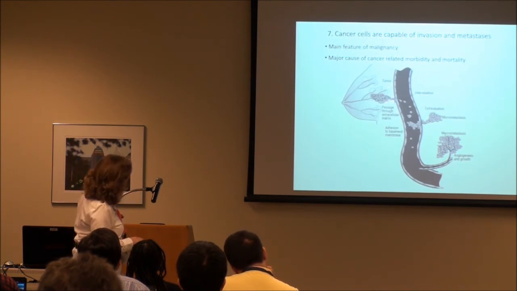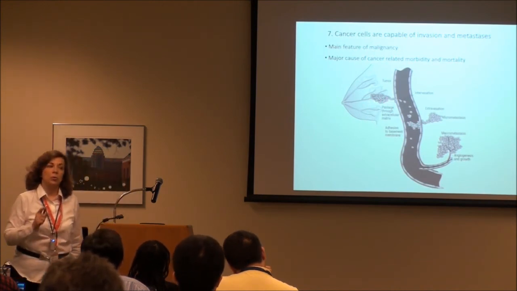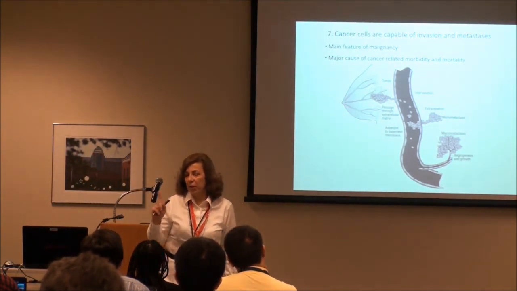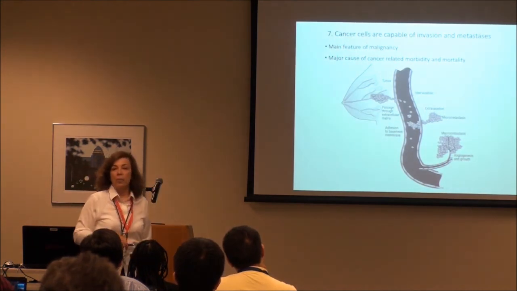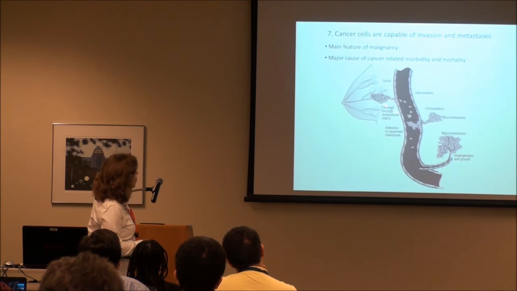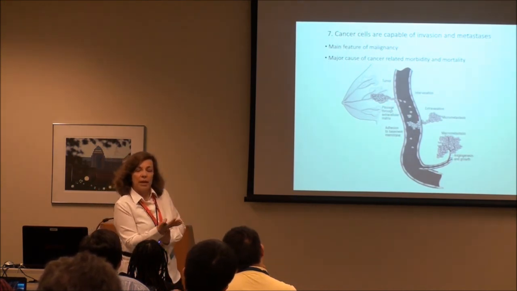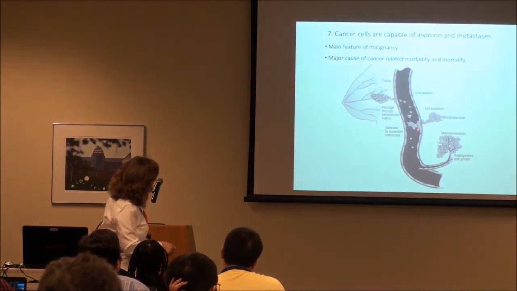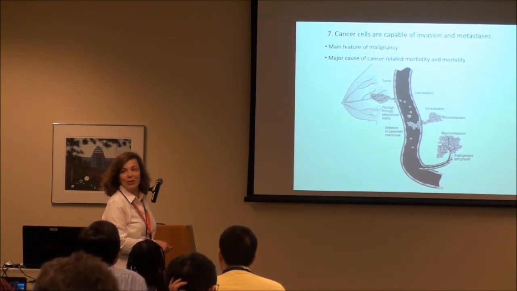So this is the primary tumor in the breast. The cells at a certain point, and we don't know how and why, but we know one thing, that the ECM or extracellular matrix has a very important function, are detaching from the primary tumor. They have the ability to squeeze in between the cells of the capillaries, get into the bloodstream, and travel all around your body, and then squeeze out of the capillaries, which other cells don't know how to do.